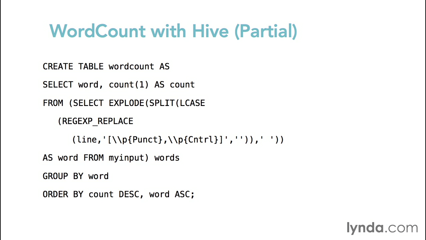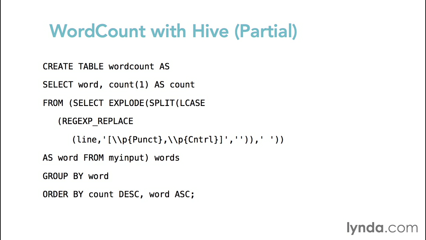And then you're going to create it from select explode, split, lowercase, regular expression replace, regex, for the line, and the punct and the control split the words. And you can see they're splitting on spaces here, so it's not a very sophisticated regular expression. You would probably have some errors, and you'd have to write a longer regular expression.